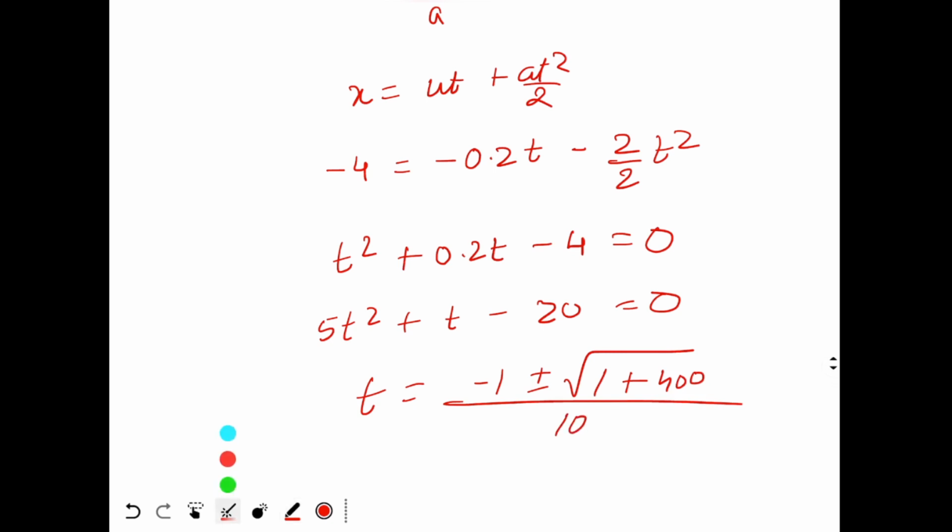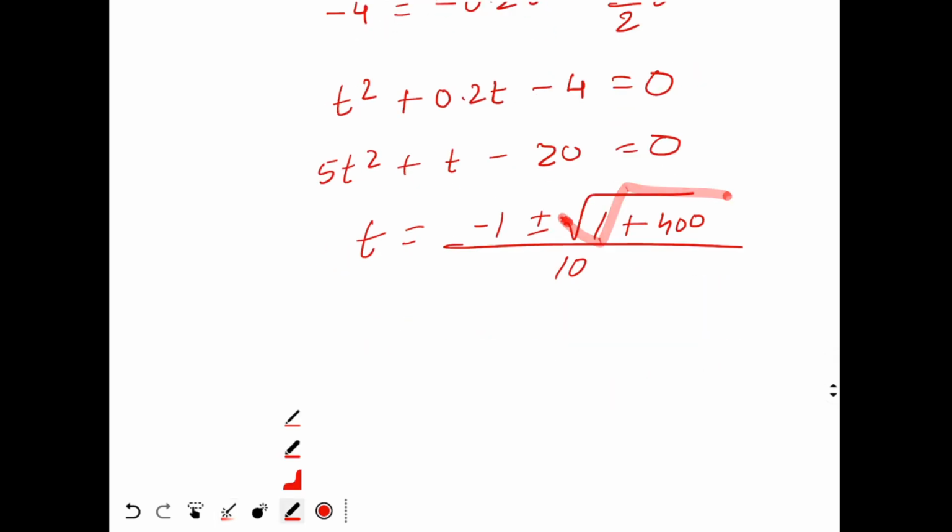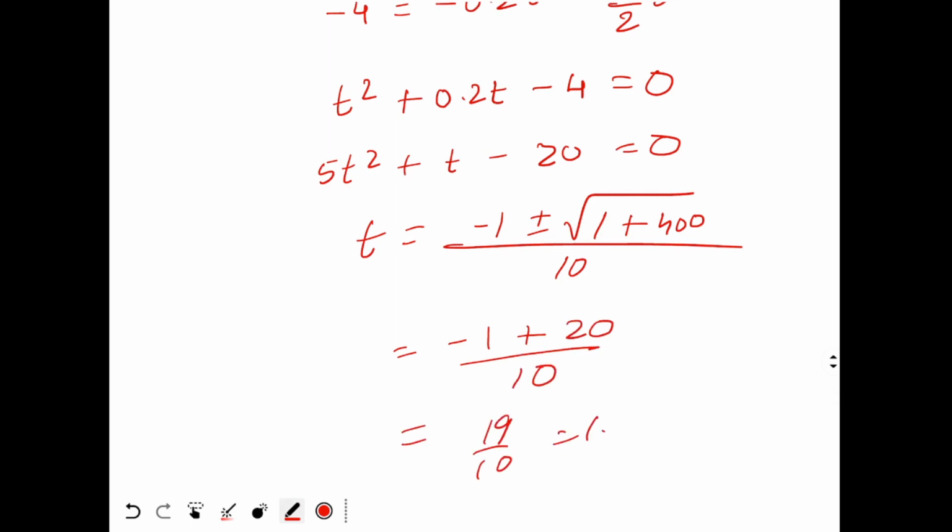Here 1 is negligible in front of 400, so I ignore this 1 and take the root of 400, which is 20. So this is equal to minus 1 plus 20 divided by 10, which is 19 by 10, so 1.9 seconds.